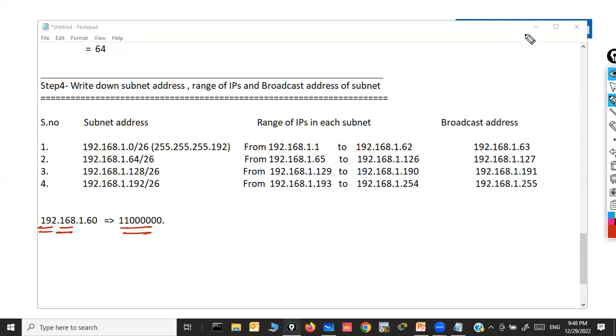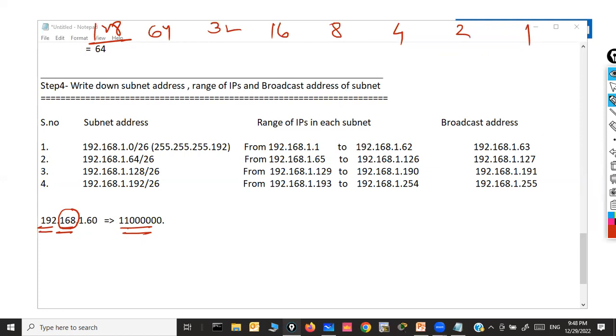So basically we have position values like 1, 2, 4, 8, 16, 32, 64, and 128. Now we have to figure out what values need to be added together to get 168.